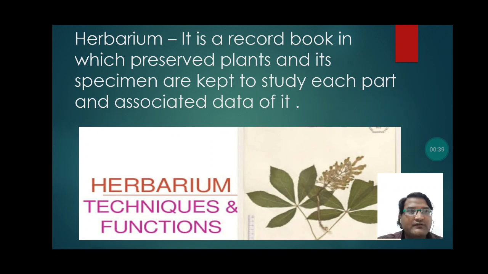to study each part and associated data of it.